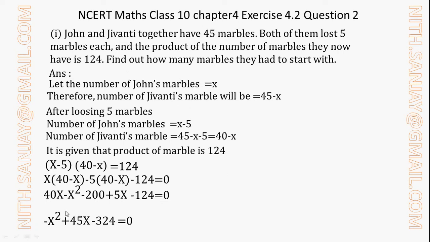Now I will multiply both sides of this equation by minus 1 so that I can get rid of this minus sign. Then I will get this equation, because minus x square will become plus x square, plus 45x will become minus 45x, and minus 324 will become plus 324.